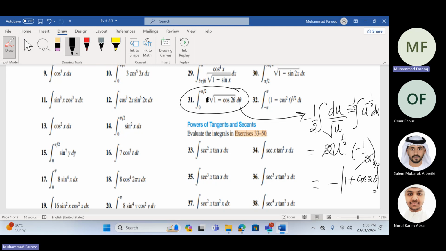Because we did this question already in the last class, we know very well how to proceed. First, take the conjugate, so you get 1 minus cosine squared, which is sine squared.